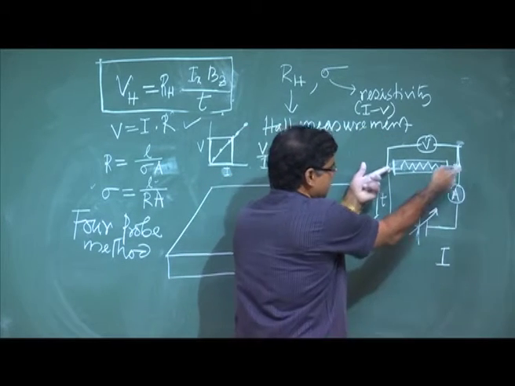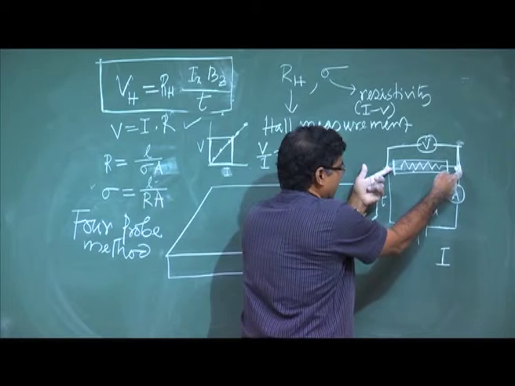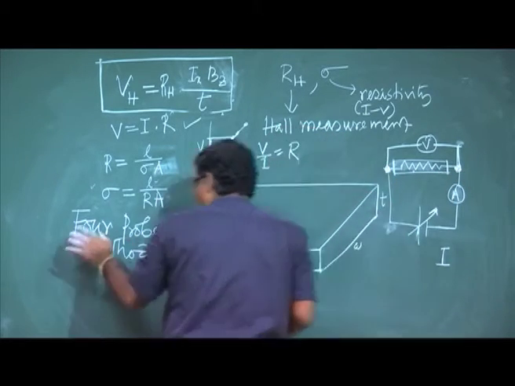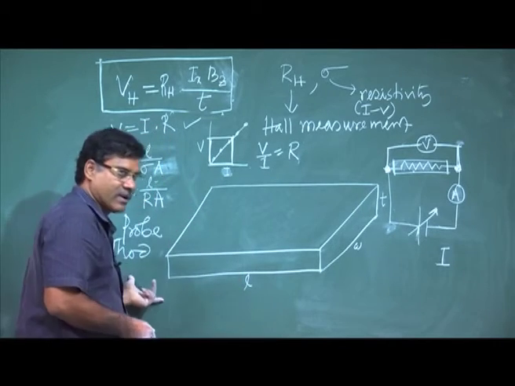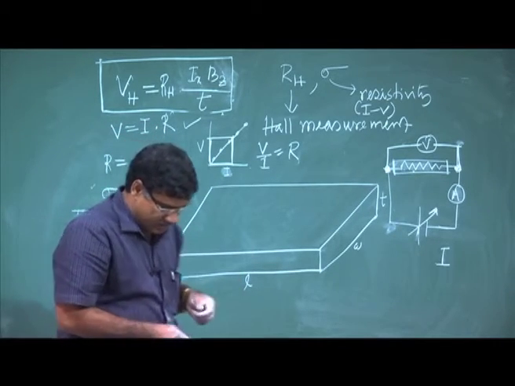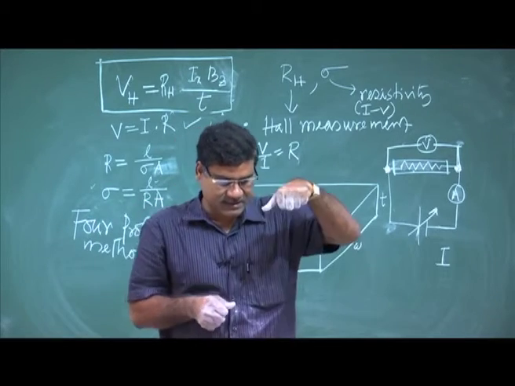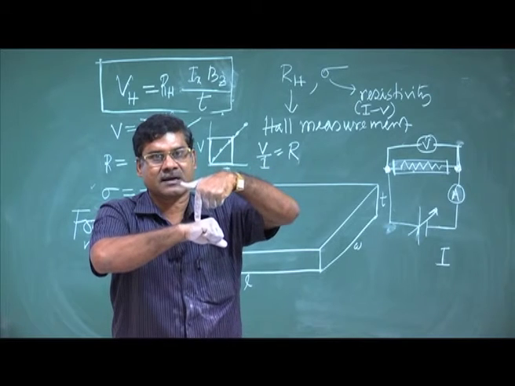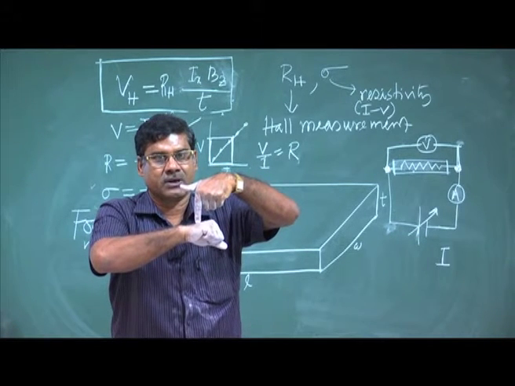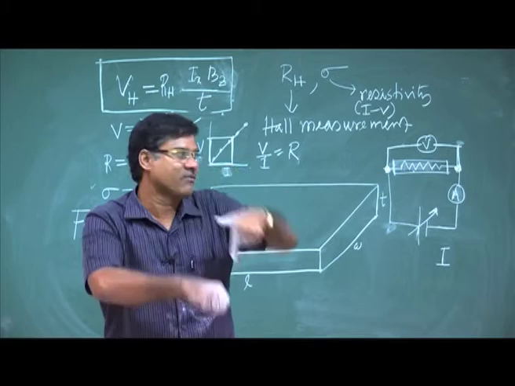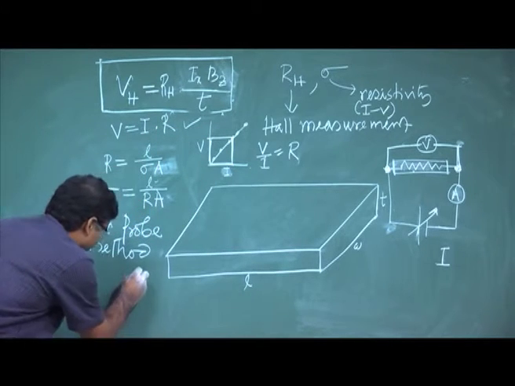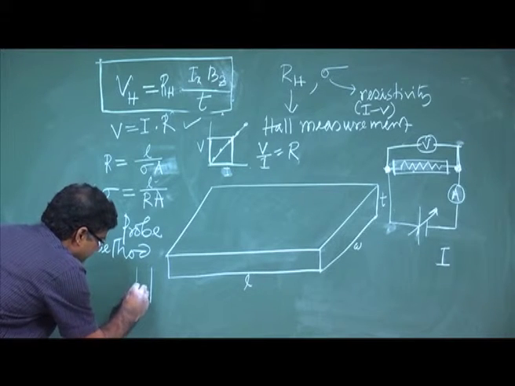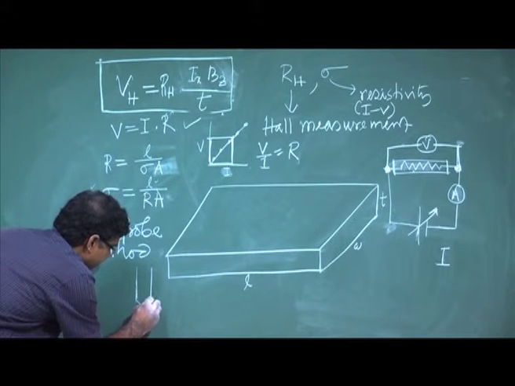Now, this is a probe. It is not soldered on; it is just a contact connection. That is why it is called a probe. A probe is basically a very highly conductive material.